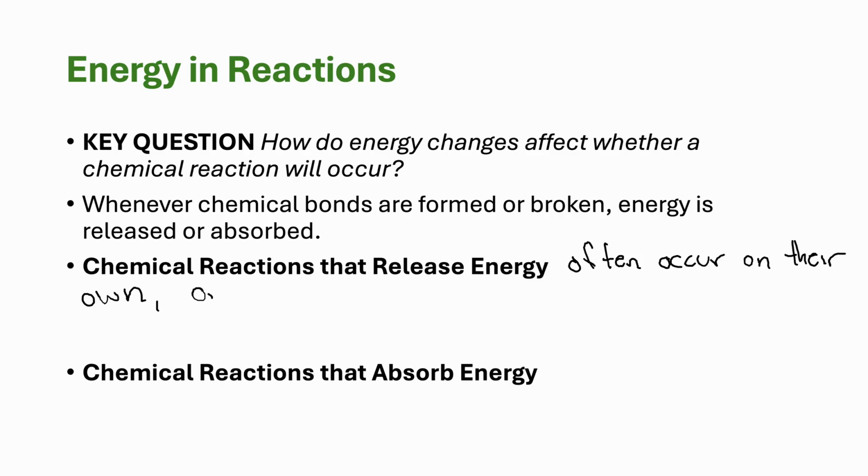Another name for when they occur on their own is spontaneously, meaning they are going to occur without any input of energy. Spontaneous means that they are just going to do it.